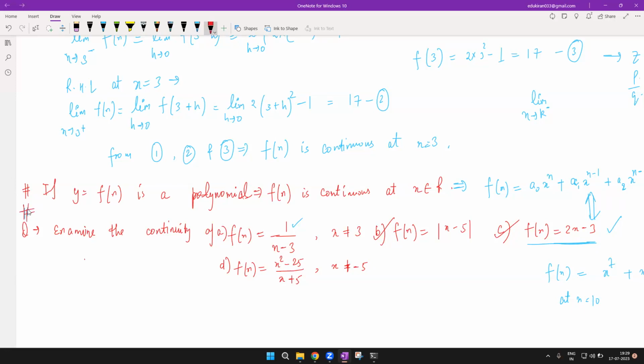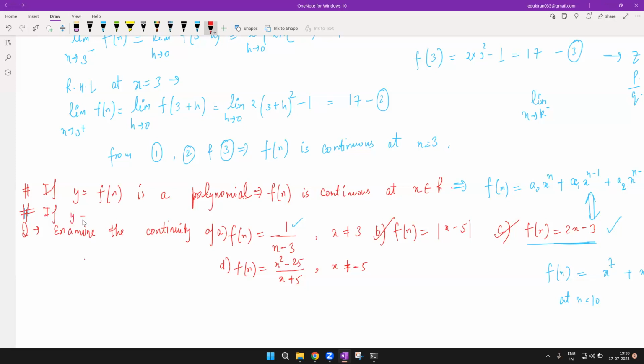If the modulus is in the numerator only. If there is nothing in the denominator, then don't worry. As long as the function is polynomial, as long as the function is modulus, and there is nothing in the denominator, good to go. The function is continuous.